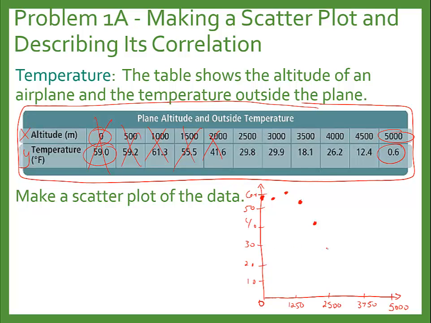2,500 is about 30. 3,000 is about 30. 3,500 is about 18. 4,000 is about 26.2.